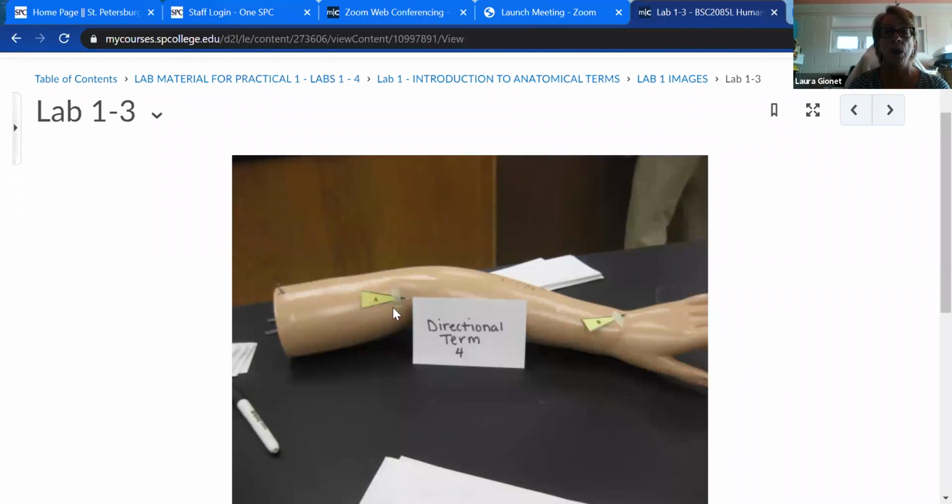So A would be proximal to B, and B would be farther away, distal to A. B would be farther away from the ultimate point of attachment than A is. So B is distal to A and A is proximal to B.